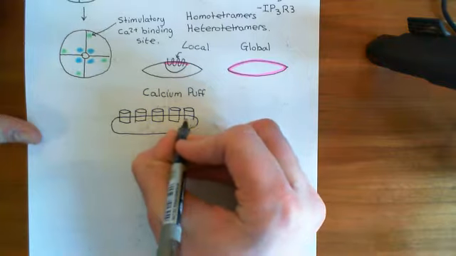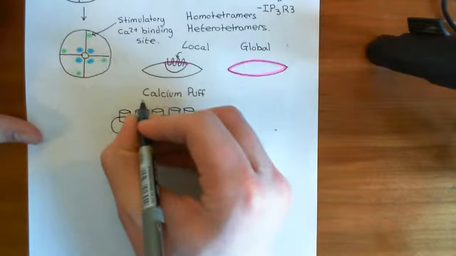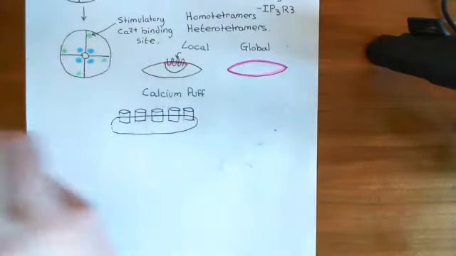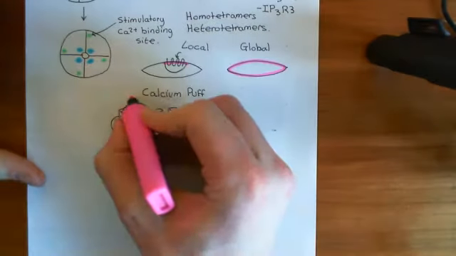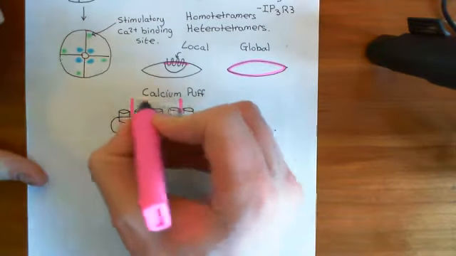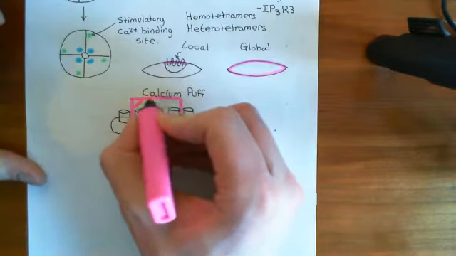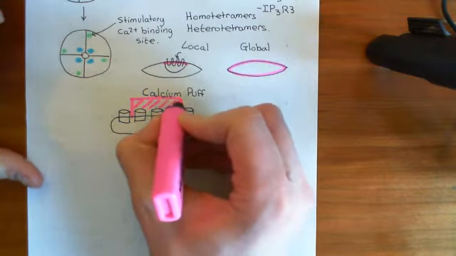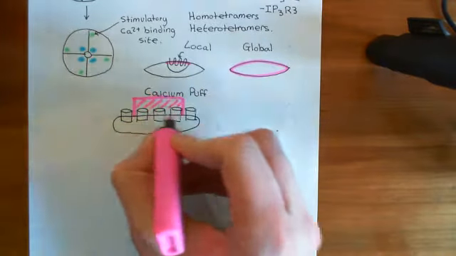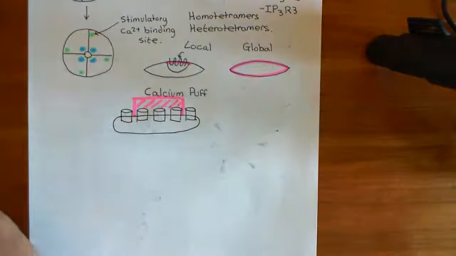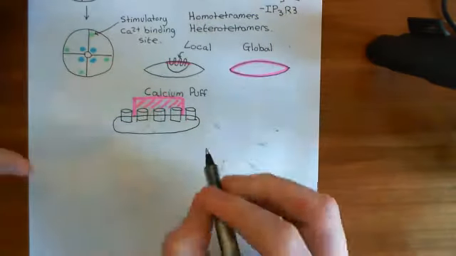Now, let's say IP3 has gone up in this sort of area, like so. And all of the IP3 receptors in this area have therefore got IP3 bound to them.